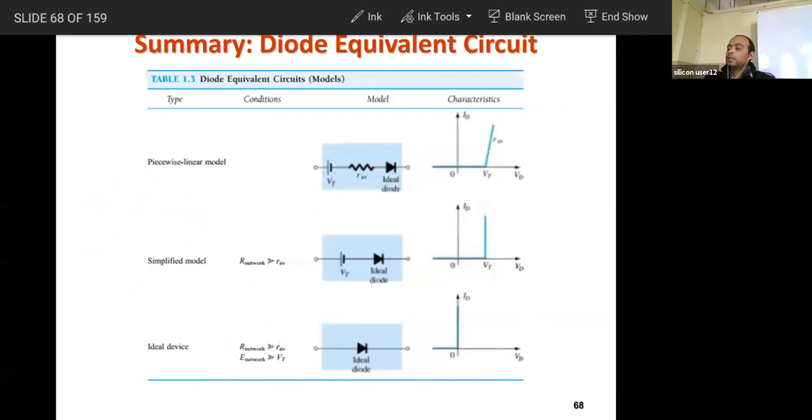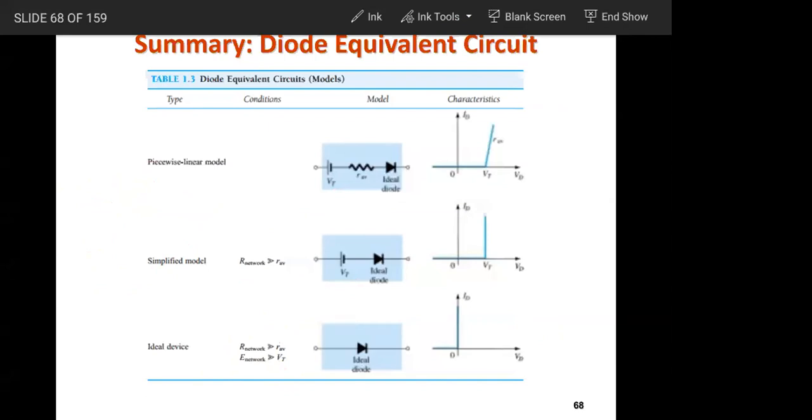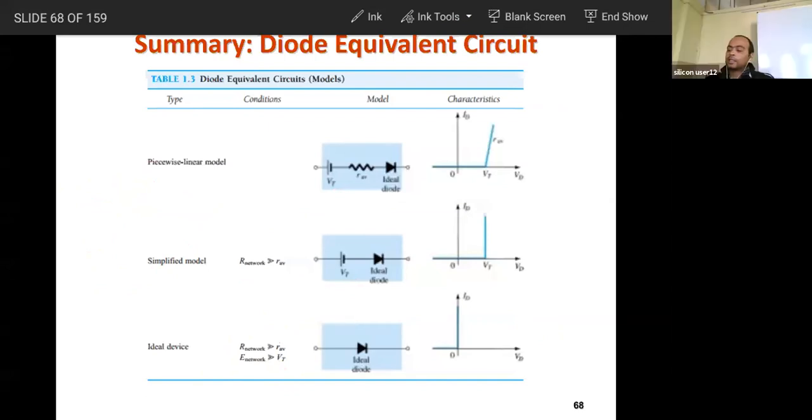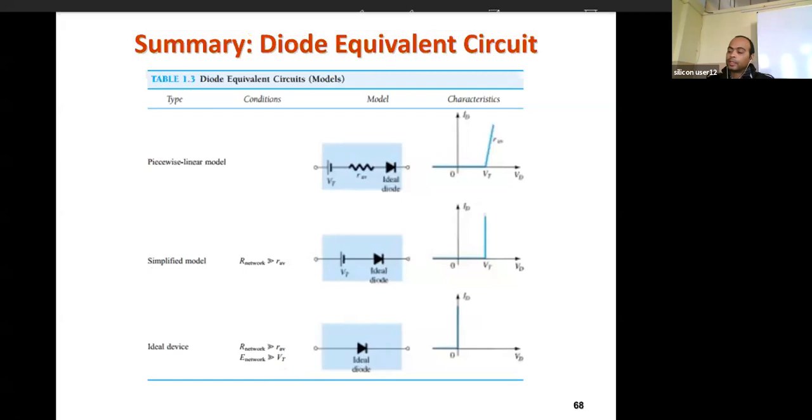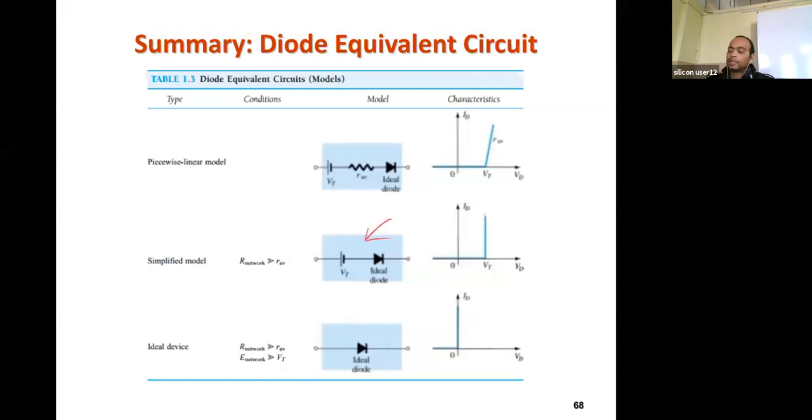Most of the problems which we will do, it will be written in the problem, for a silicon diode. Silicon diode means you will assume that it has a threshold voltage of 0.7 and RAV is 0. Sometimes we will assume this simplified model, or sometimes you will assume an ideal diode.